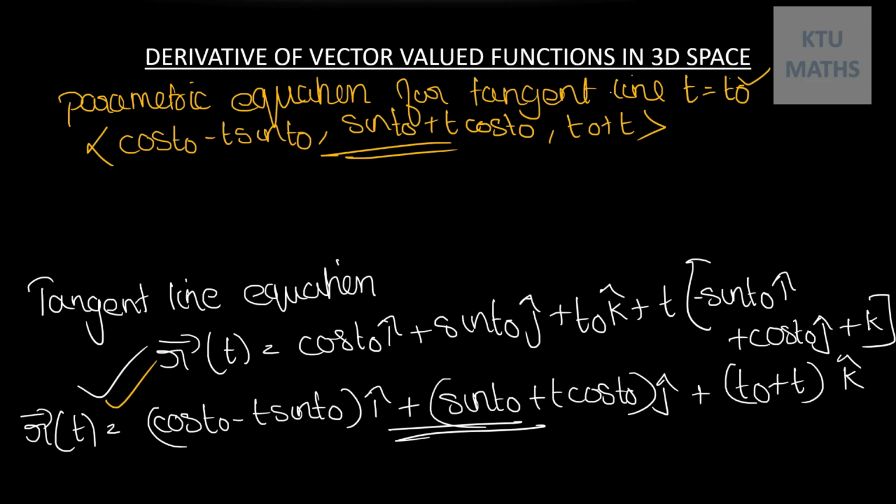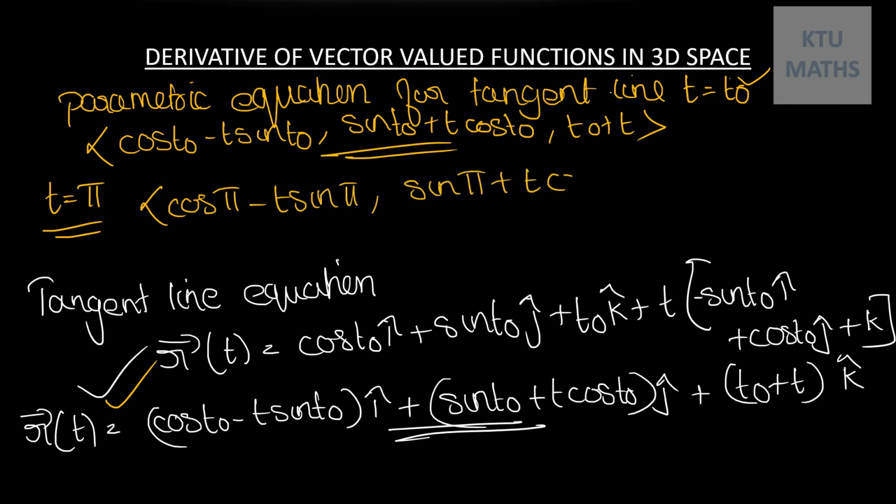Then what will be the parametric equation of the tangent line when t is equal to pi? We have to just change the t0. It would be (cos pi minus t sin pi, sin pi plus t cos pi, pi plus t). Now we will simplify this.